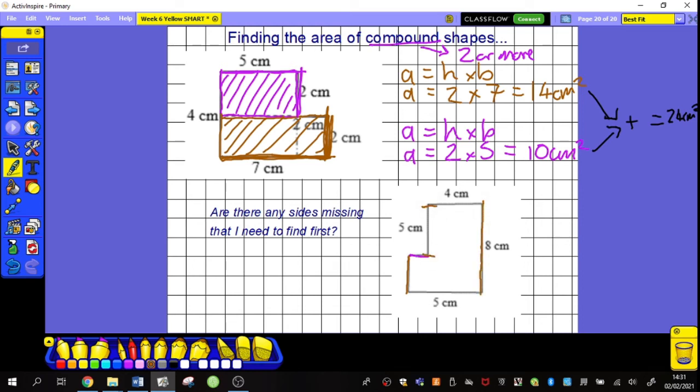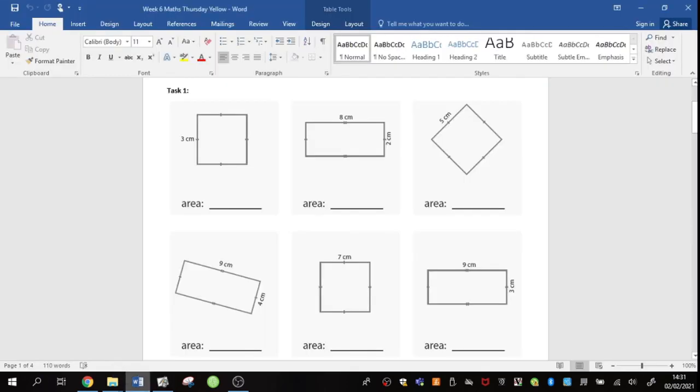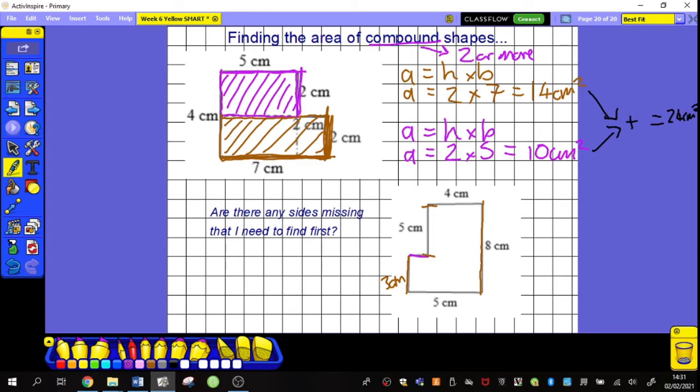If I know 5 of it, then I know the remainder must be 3 centimeters down there. And equivalently, from left to right, if I know the whole left to right is 5 centimeters and I know 4 of it, then that must leave 1 centimeter gap in there.